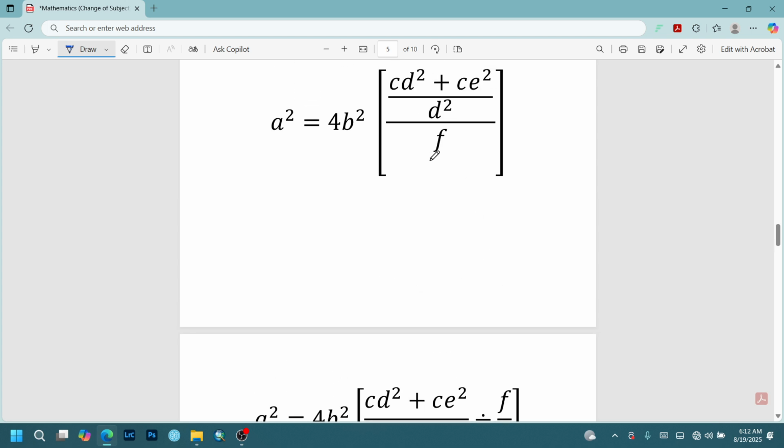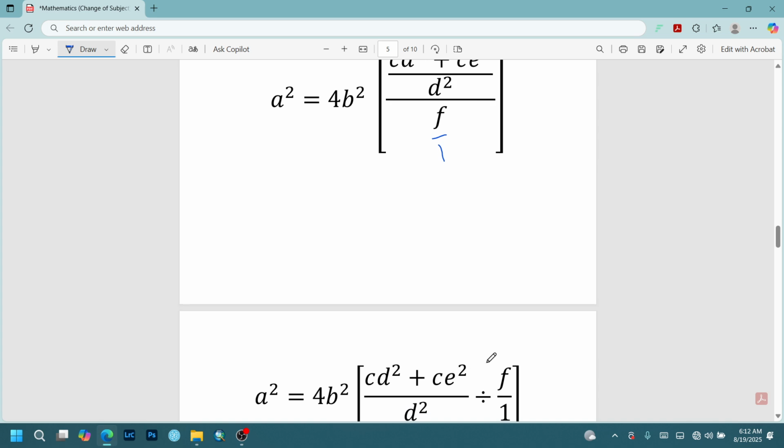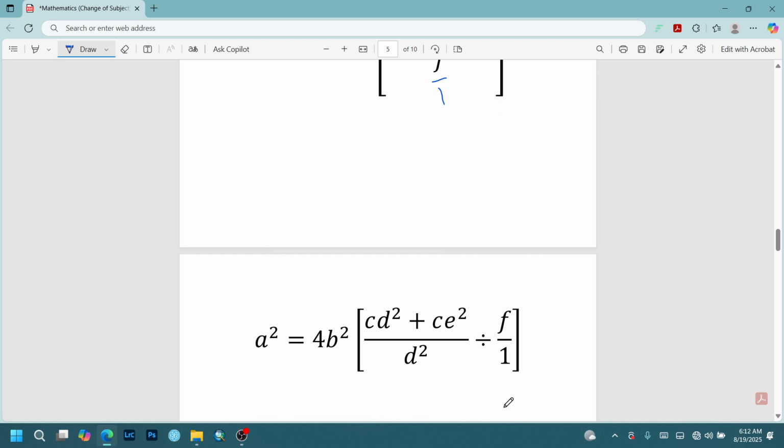This f, like I explained earlier on, has an invisible one because every number is divisible by 1. That explains why we have f/1.